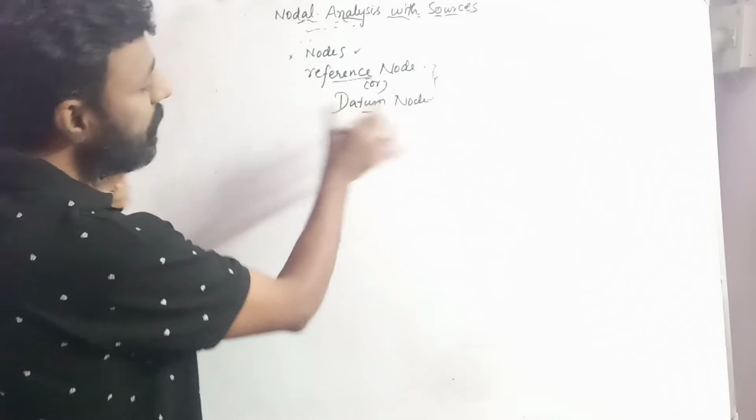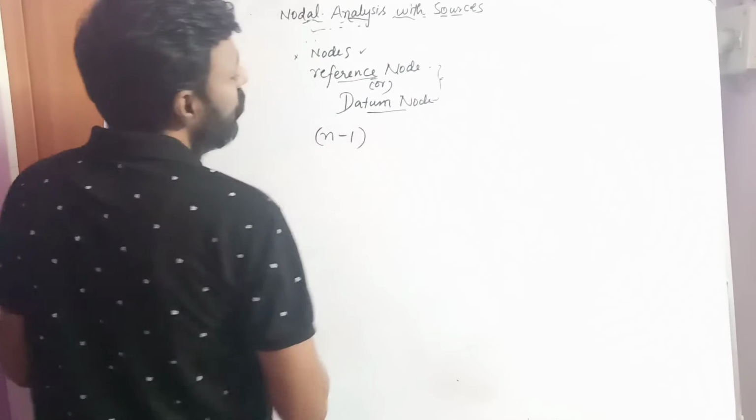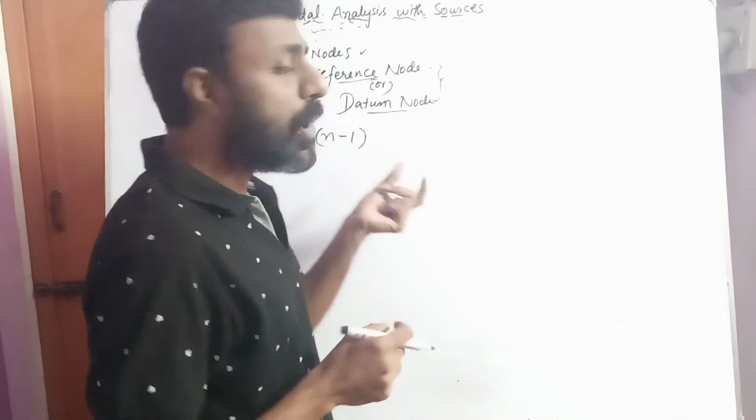The formula used in nodal analysis to find the number of equations is n minus 1.